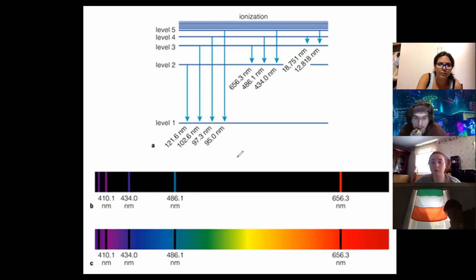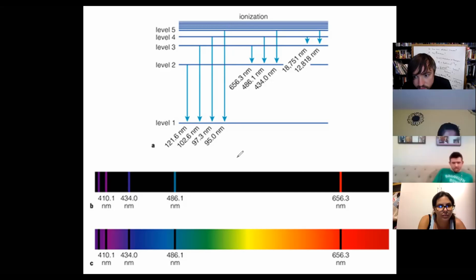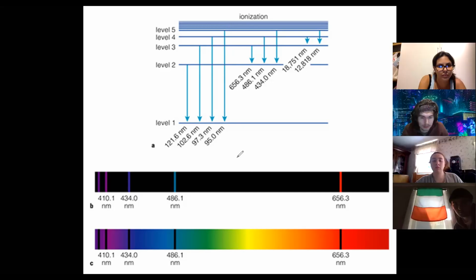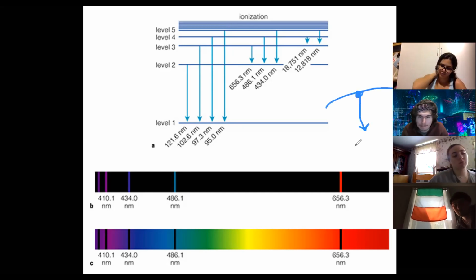Does anyone understand my question? Did you say what level causes the hydrogen beta? All photons are produced when electrons drop from a high orbit to a low orbit. And there are all these different transitions that can happen.